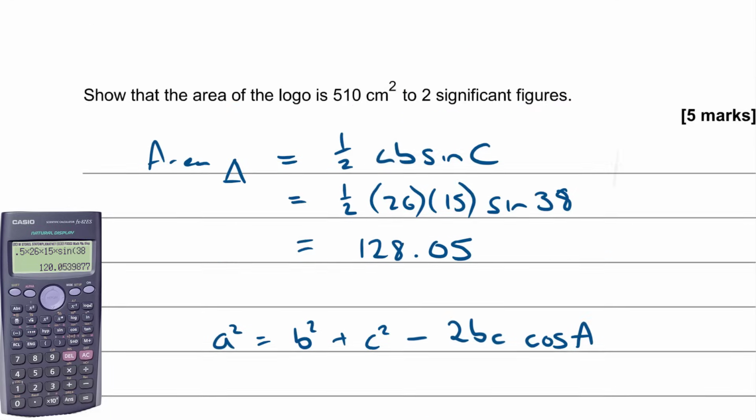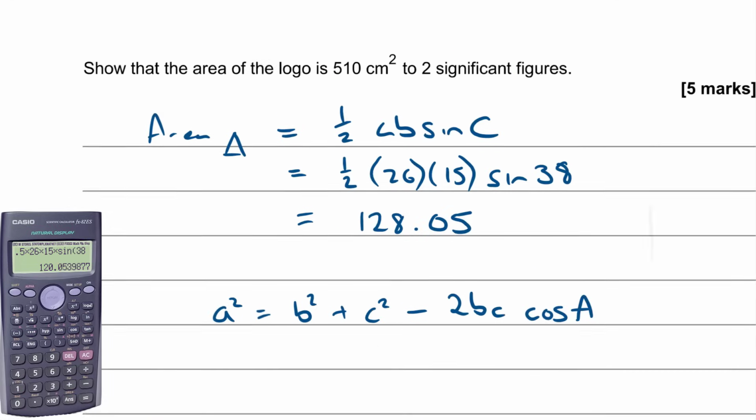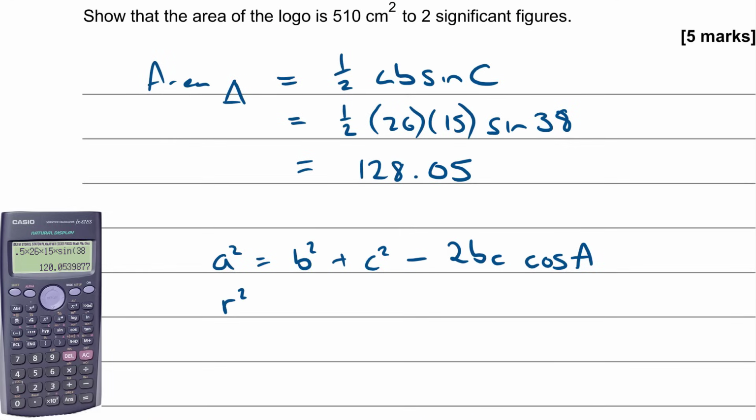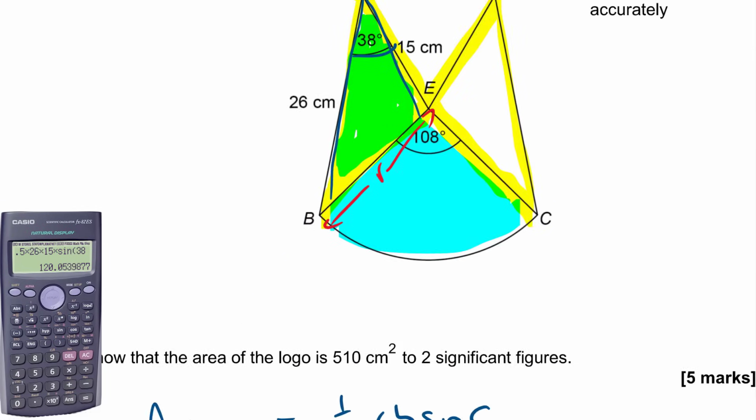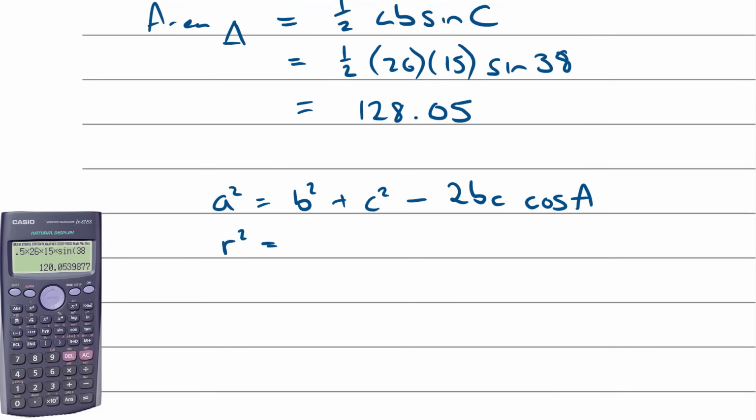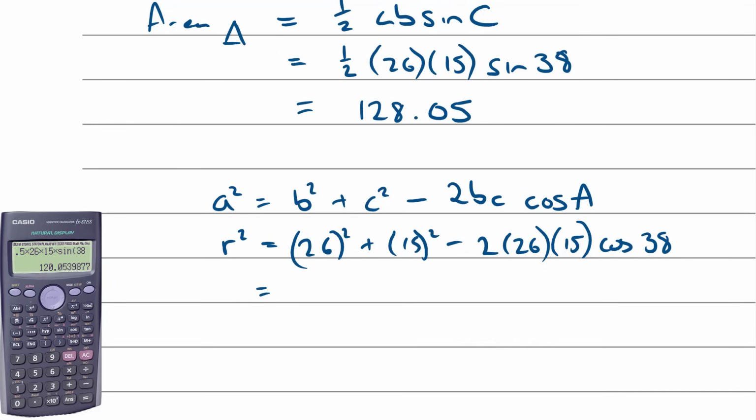Okay, so in terms of this diagram, our r squared, our a squared, is going to be our two lengths squared, so my 26 and my 15. 26 squared plus 15 squared minus two lots of 26 and 15 cos the angle, which was 38.